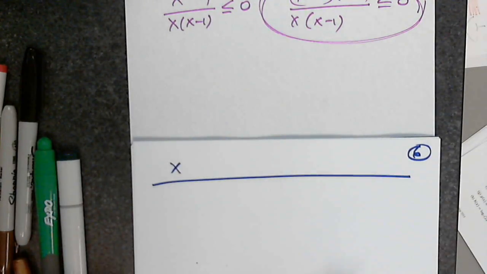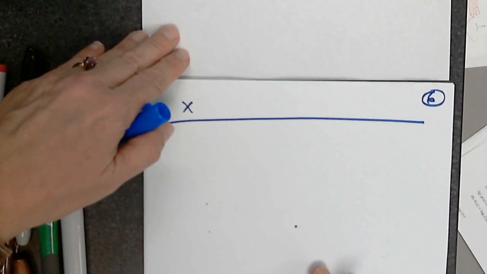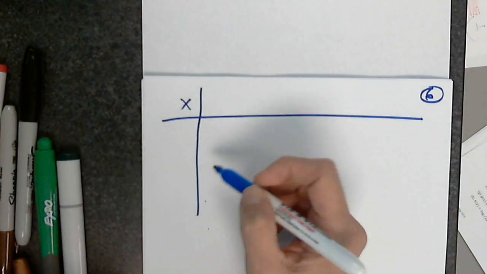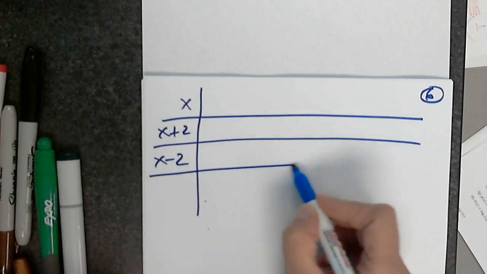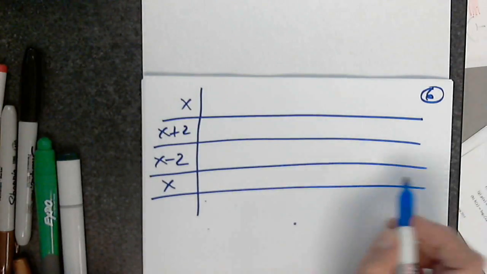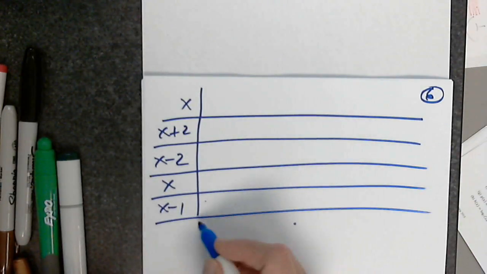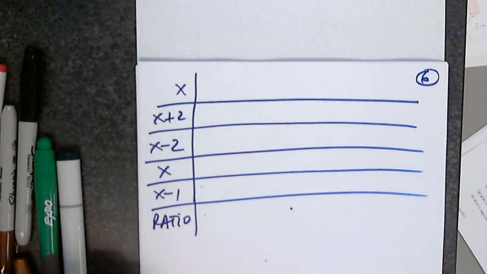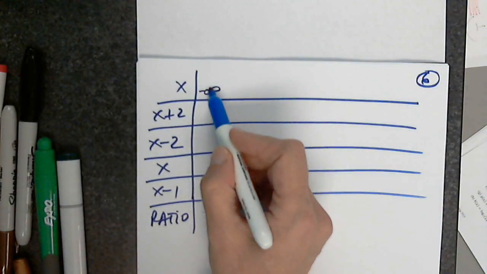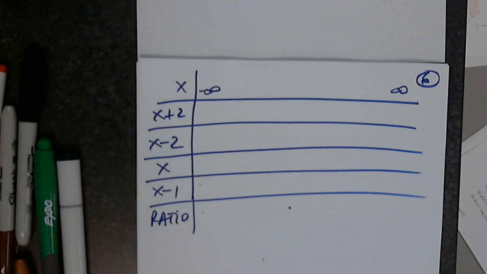x is the variable in the problem, but it happens that x will also be a factor. So x plus 2, x minus 2, x minus 1. And of course, you always know that I run out of room, so I'm going to write ratio. x is anything. And now what are the values from left to right in ascending order?